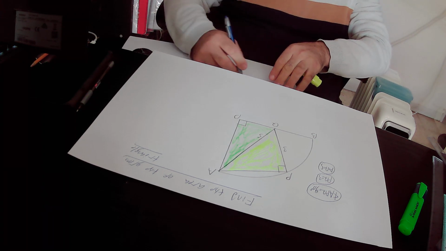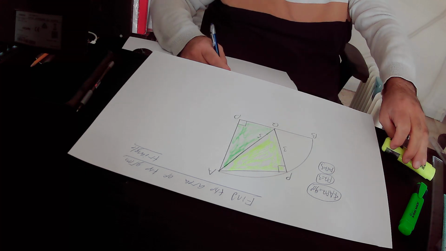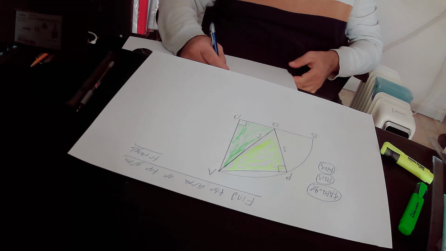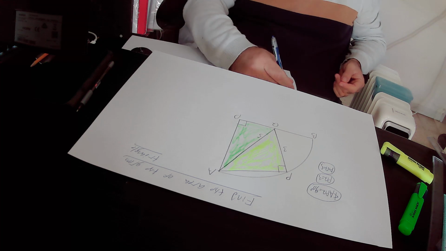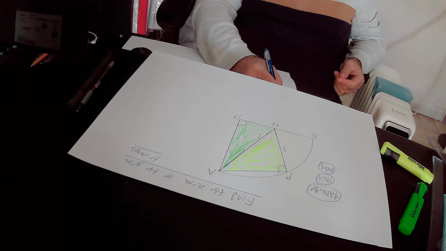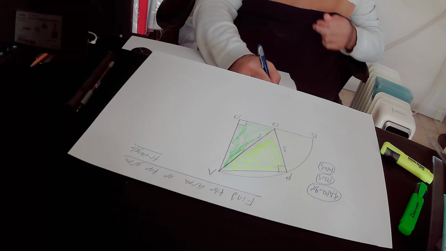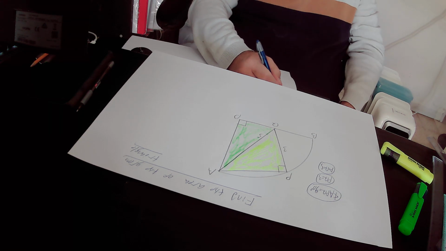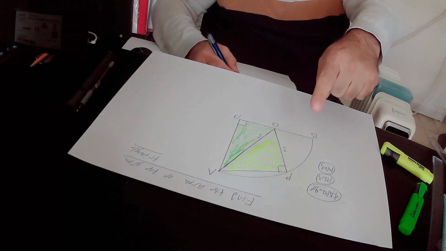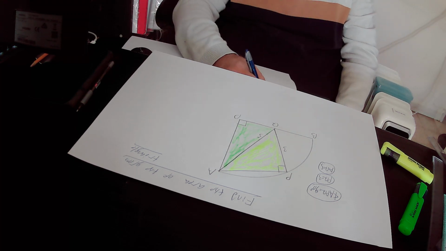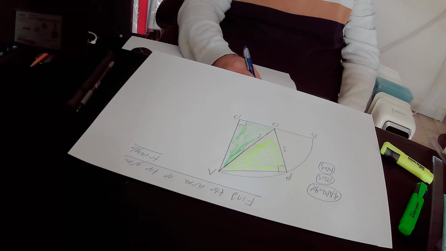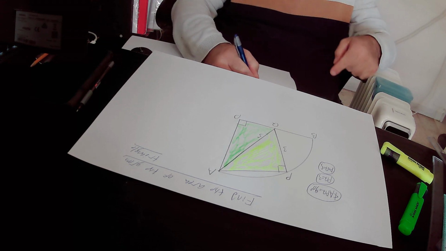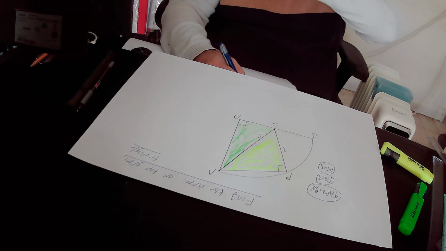The hypotenuse in this yellow right triangle is AQ, therefore the square of the hypotenuse is AQ squared, and it must be equal to PQ squared plus AP squared.